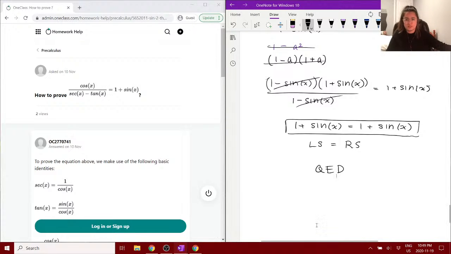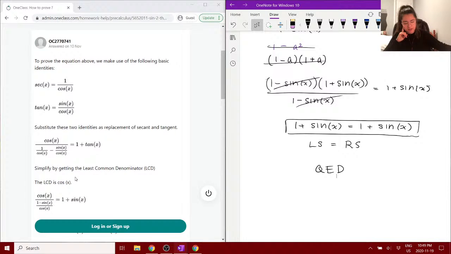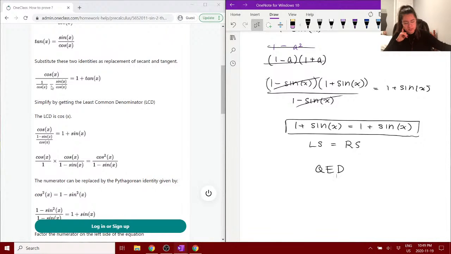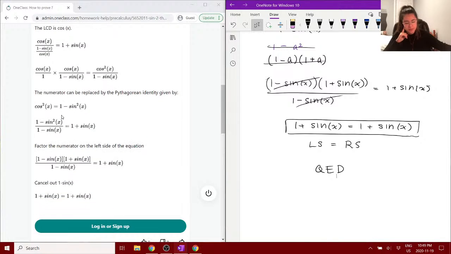Let's look at the solution. And we are using the same identities for secant x and tan x. And after substituting those in, we will have to find the common denominator for this fraction here, which we did from this step to this step. And then instead of being divided by this fraction, we are now multiplying by the reciprocal of this fraction in the denominator.